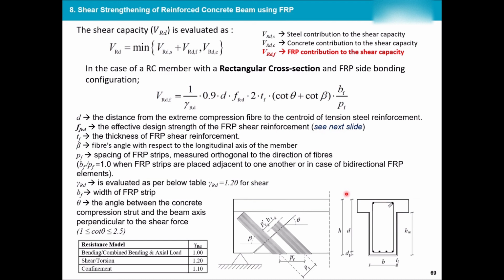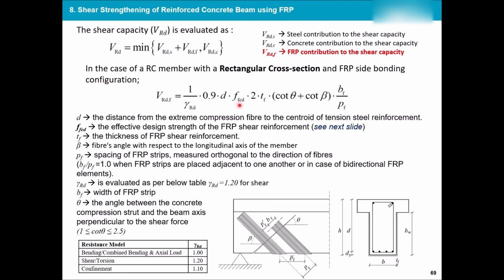But the new formula is the resistance and the contribution of FRP to shear capacity, which again, as it's just for FRP, the formulation relates to FRP. For example, T of F, thickness of FRP, and FFED, which is the effective design strength of FRP shear reinforcement. I have given the formulation in the next slide. It's a kind of long formulation which shows the design strength of FRP.